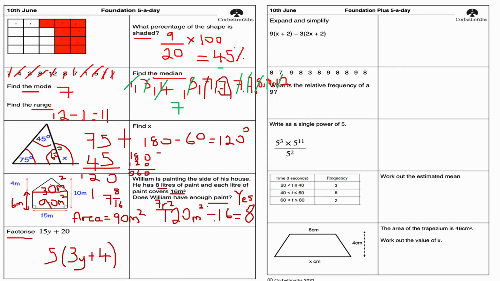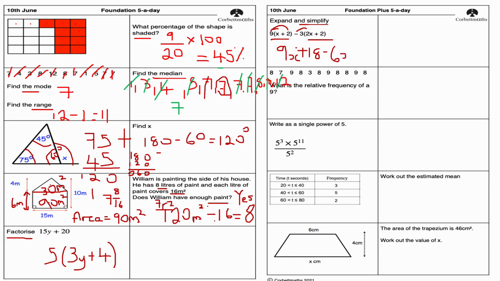Okay, right, next part now. Expand and simplify sets of single brackets. So 9 times x is 9x. Okay, 9 times positive 2 is positive 18. Okay, minus 3 times 2x is minus 6x.